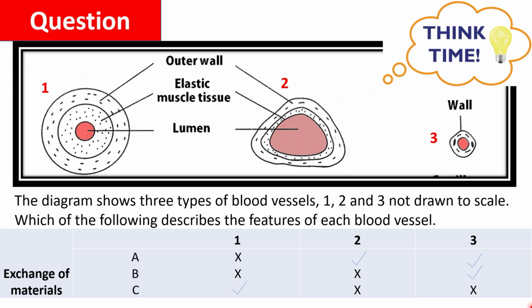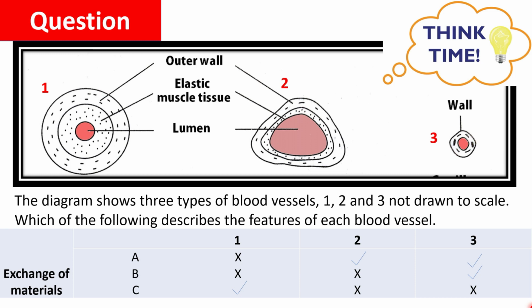Option B says the first two blood vessels don't allow exchange of materials, but the third one allows. Option C says the first blood vessel does not allow the exchange of materials, but second and third vessels allow the exchange of materials. Which one is the correct answer?